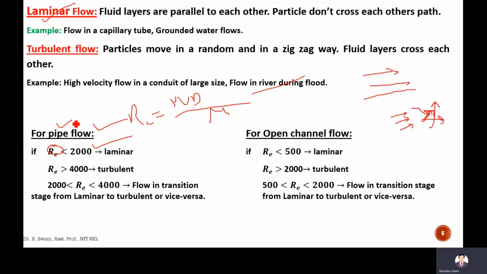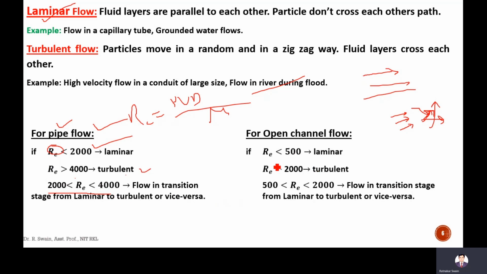In pipe flow, if it is more than 4000, it is called turbulent. If it is between 2000 and 4000, the flow is in a transition stage from laminar to turbulent or from turbulent to laminar.